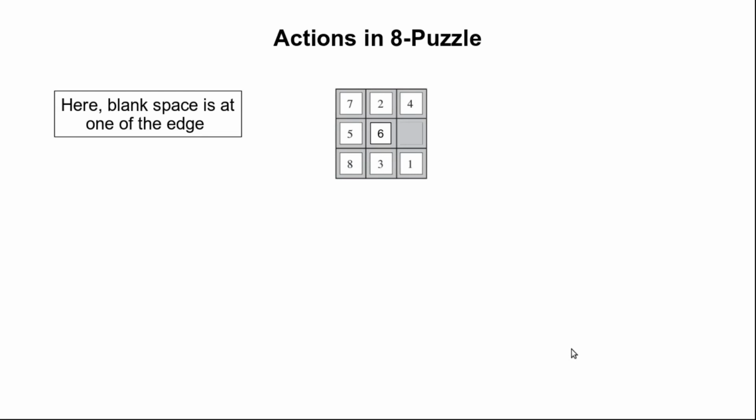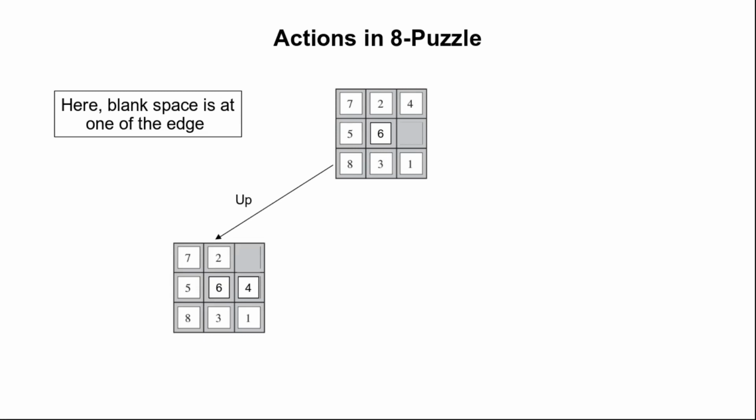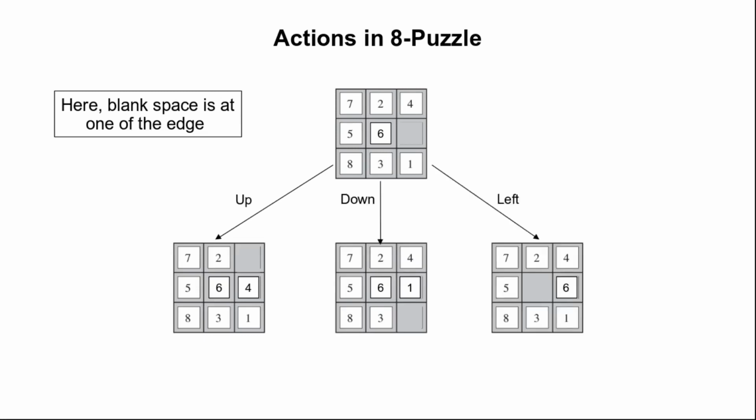Next, consider this new configuration where the blank space is on one of the edges. When the blank space is on one of the edges, only 3 different actions are possible.